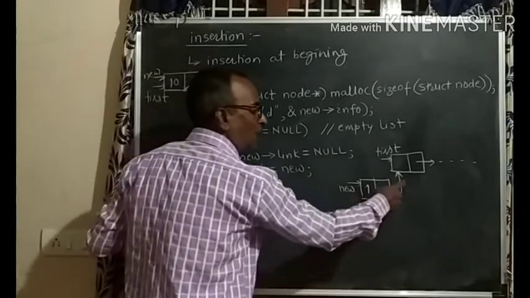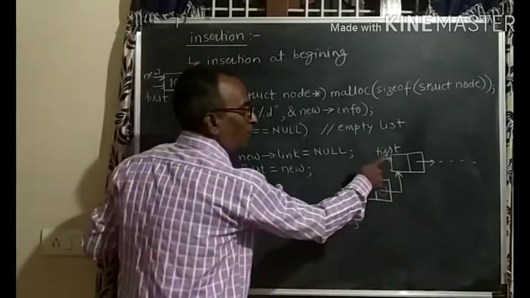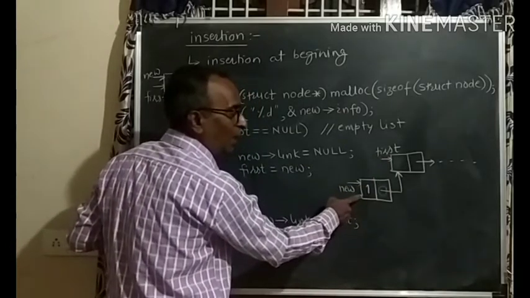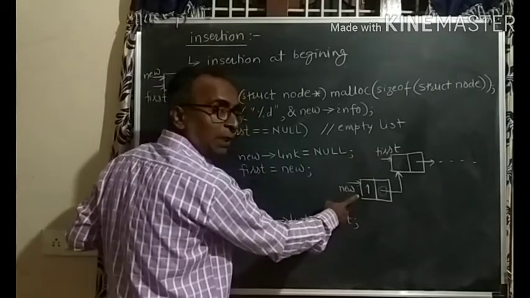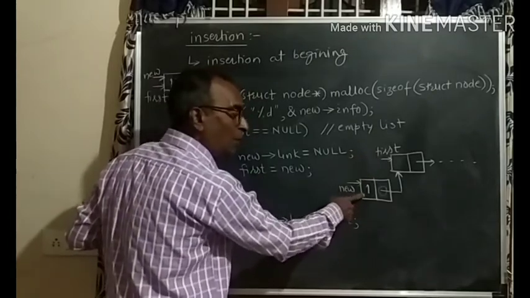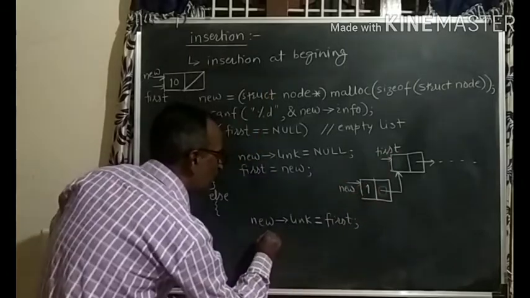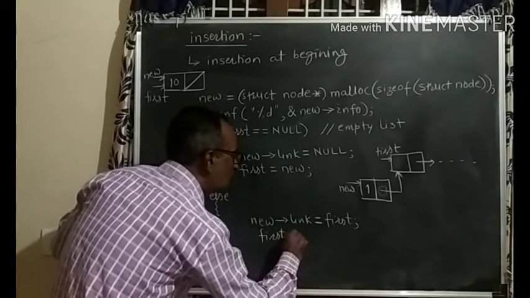Now this link we have adjusted, one link. We have to adjust two links. First should point to this node now because this will be at the beginning. And first should contain the first node's address. After insertion this will be the first node. So this first you have to change. Whatever you have to change, we will write on the left hand side.